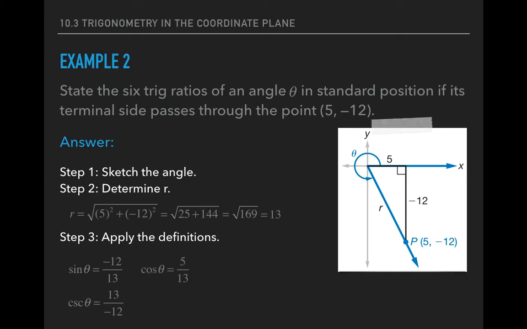Cosine was the horizontal, which is 5 over your hypotenuse, and its reciprocal, you just take and flip. Tangent was the vertical over the horizontal component of your triangle there, and its reciprocal.